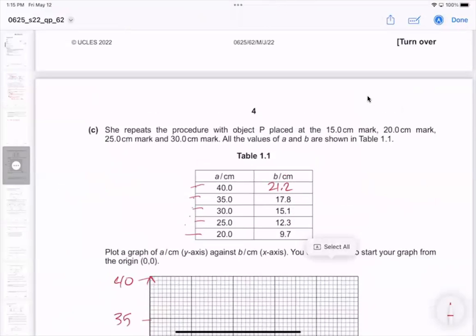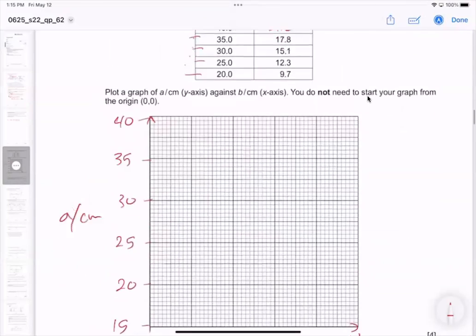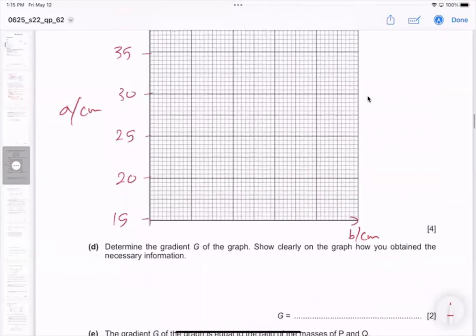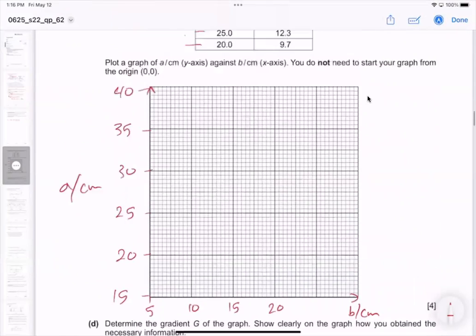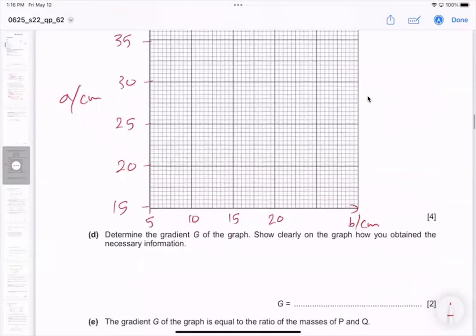We have 9, so we are going to consider it 10 and 20, or more than 20. So we can start from 5, 10, 15, 20. But it will be very small. It will be compressed because it's two divisions. What do you think? Let's make it 4.